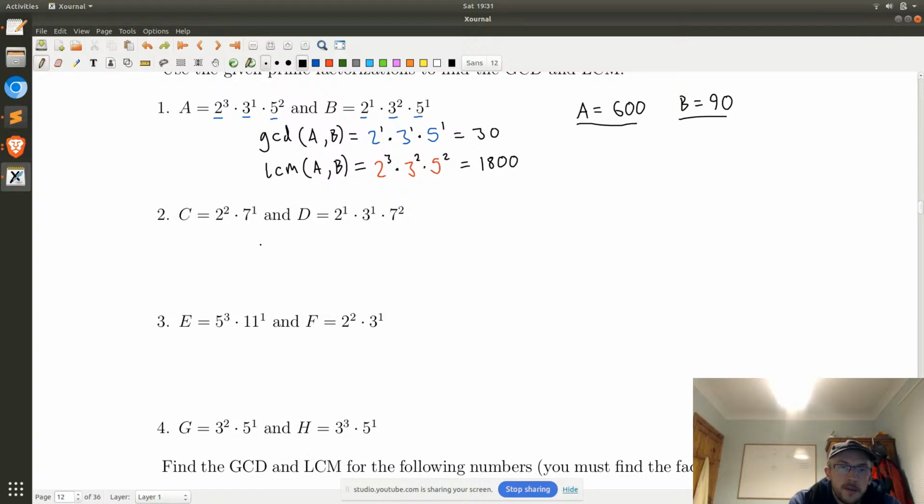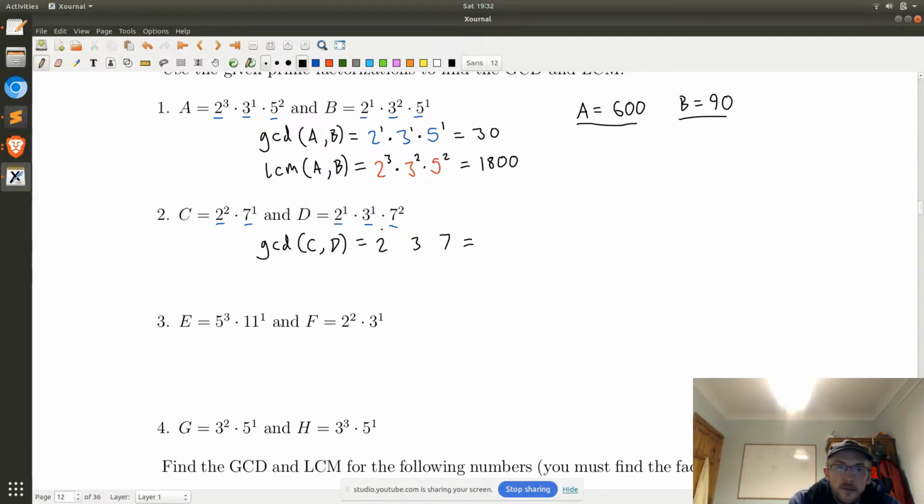Okay, let's play the same game now with C and D. Which prime numbers do I actually see in the base position? Well, I see a 2, and I see a 3, and I see a 7. Okay, so just write down 2, 3, and 7.